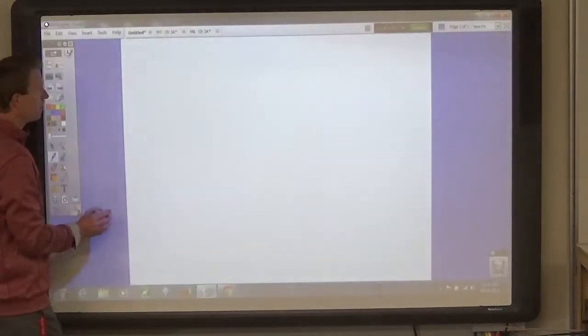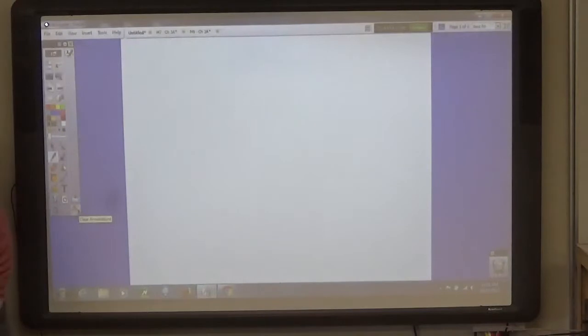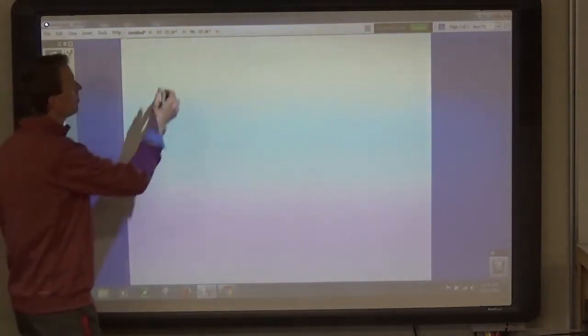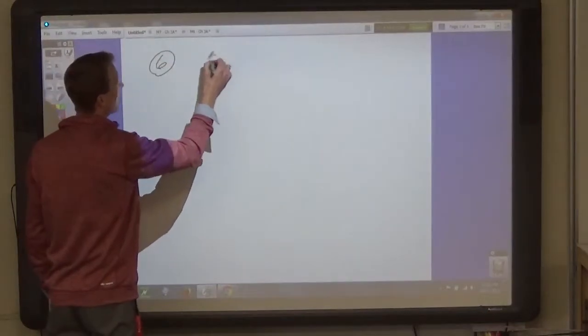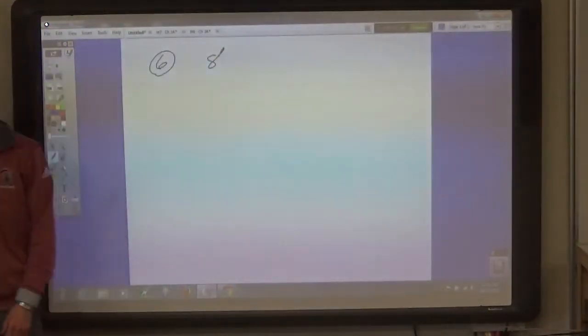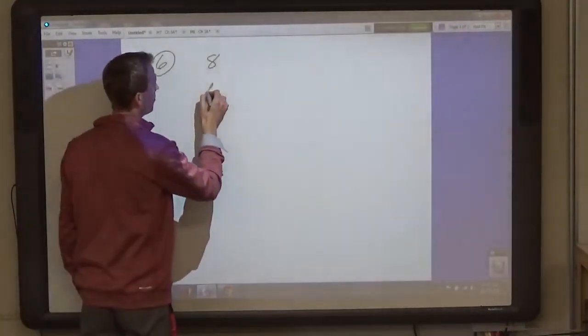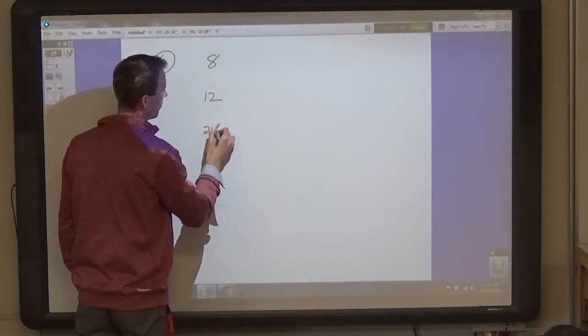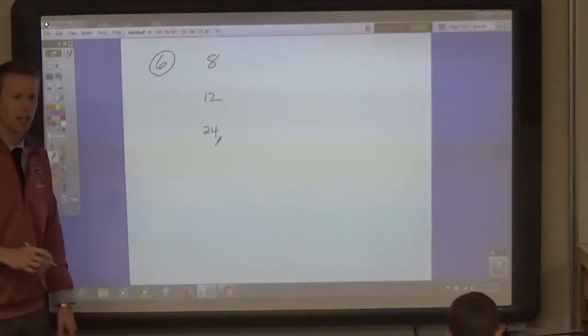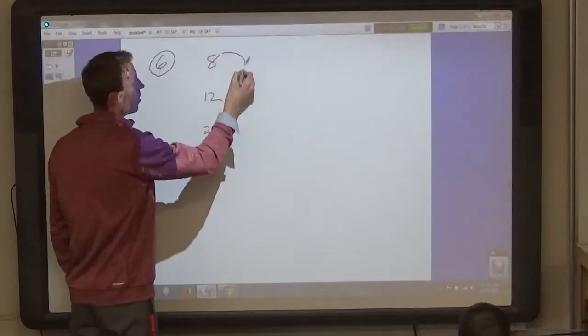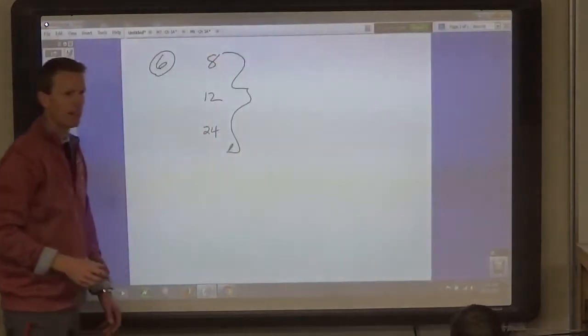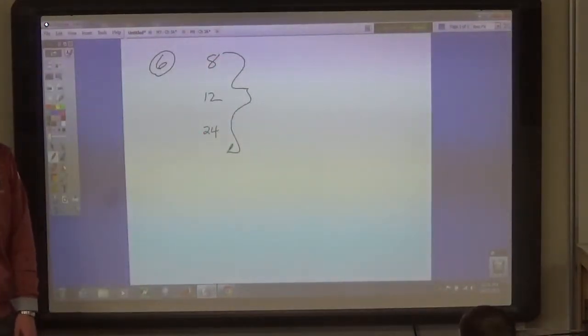Let's try another one. How about number 6? Sometimes you'll be given 3 numbers: 8, 12, and 24. And sometimes you can look at the numbers and find the answer right away without even listing.